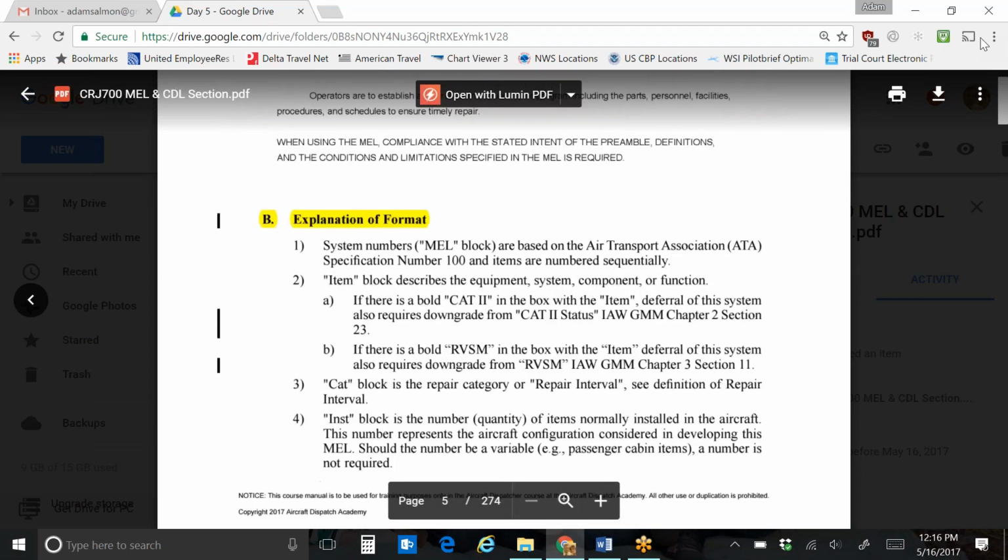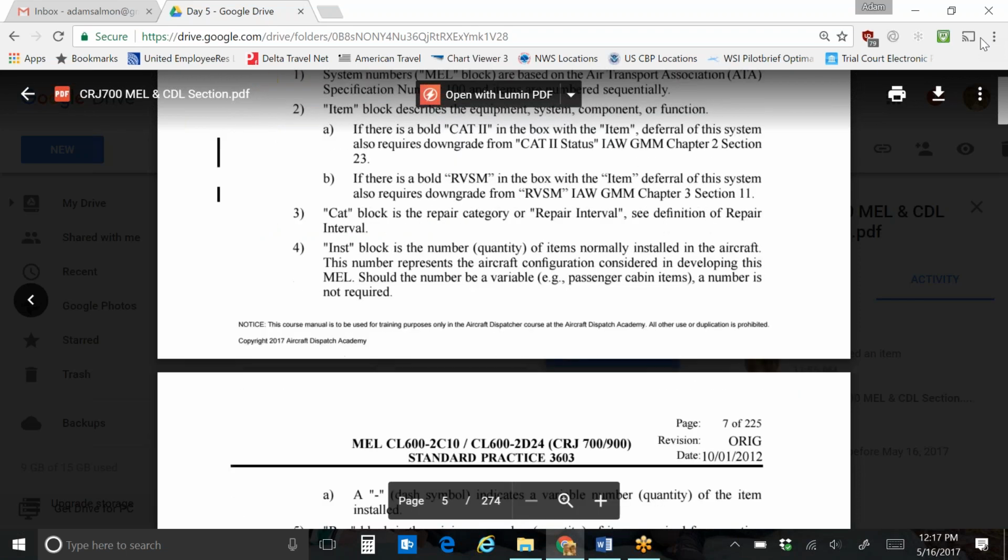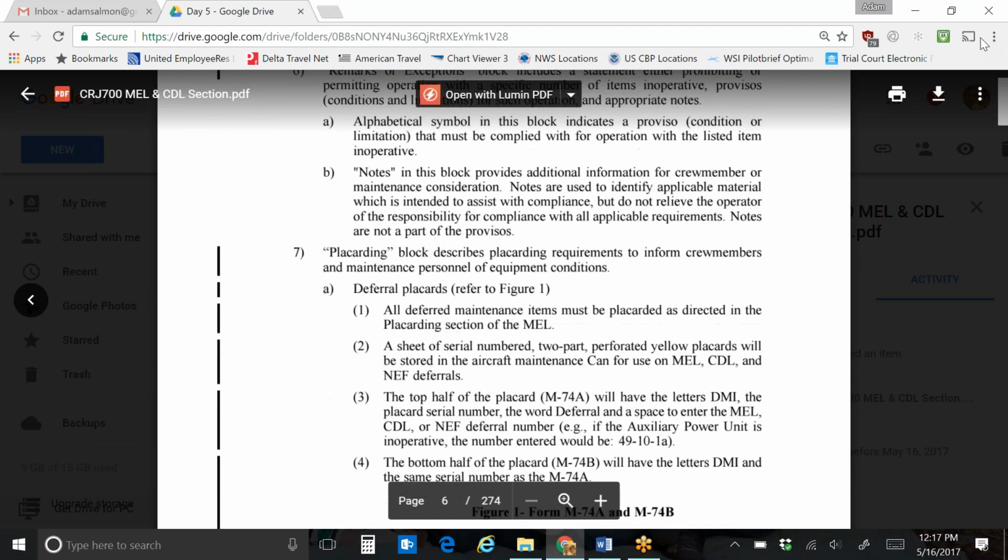It says explanation of format. It basically tells you how to read each of these MELs. It explains what they mean, what a specific thing means. So read through this. It's just going to tell you how to understand the MEL itself. And like I said, we are going to look at one, but read through this.